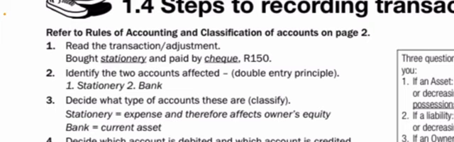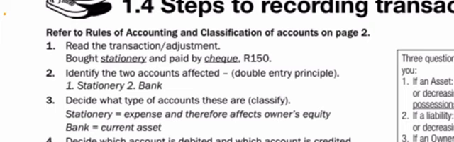So the money is being given away and the stationery is being received. So that means there's a transaction there. See, we have transacted. So the two accounts that are going to be involved here are stationery and bank, because stationery is an expense, and we have an account that we call stationery, right?